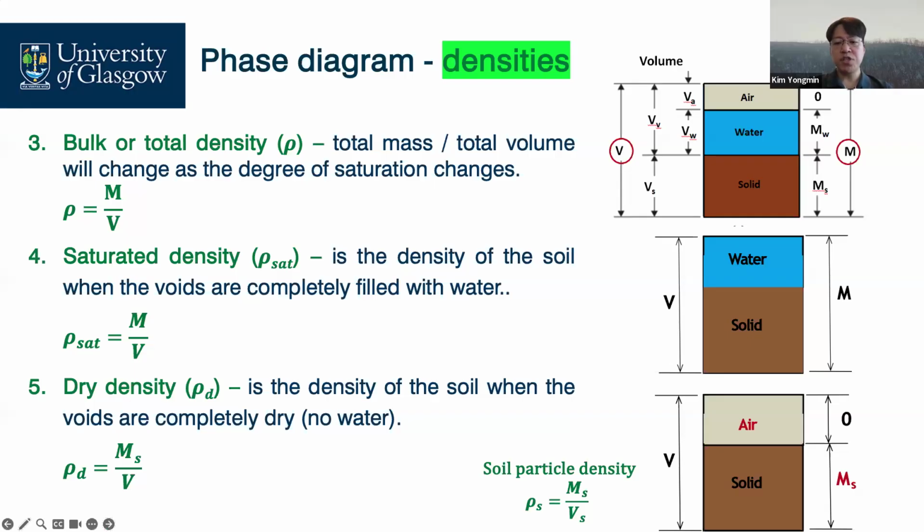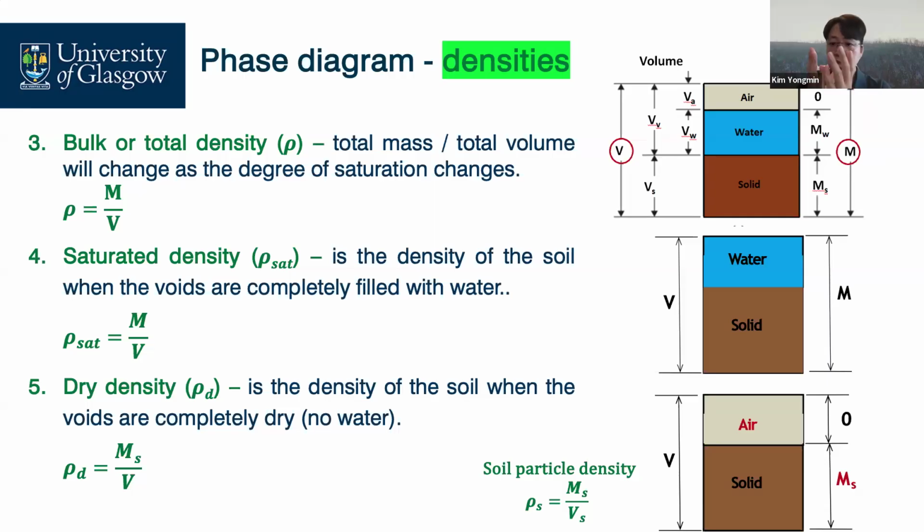So if the degree of saturation becomes 100%, the density is the saturated density, because saturated density is also defined by the ratio of total mass to total volume. If a certain soil specimen is fully saturated, the total density becomes saturated density.